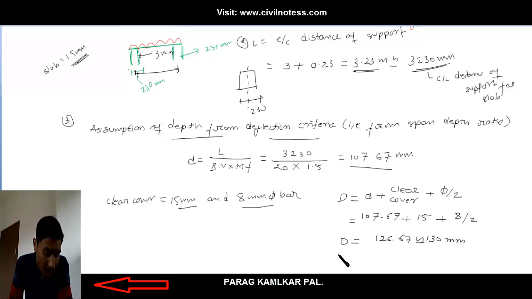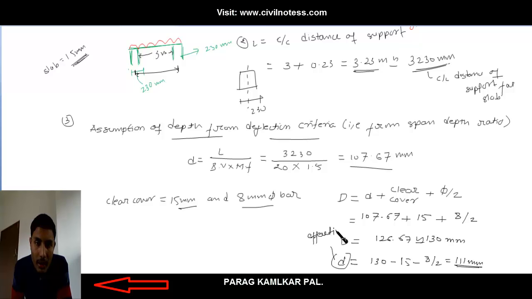Now we take the small d, the effective depth: 130 minus the clear cover of 15 minus 8 by 2. So we get the effective depth as 111 mm. Small d is the effective depth, and capital D is the overall depth.